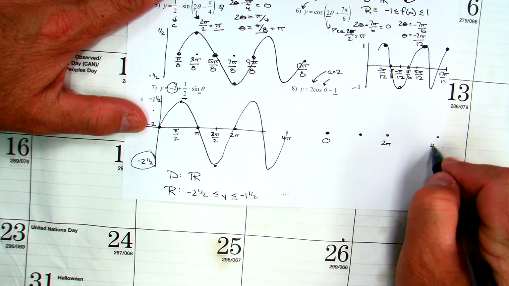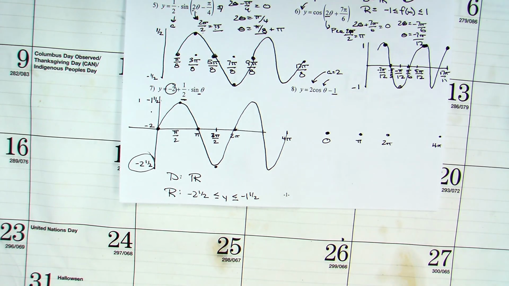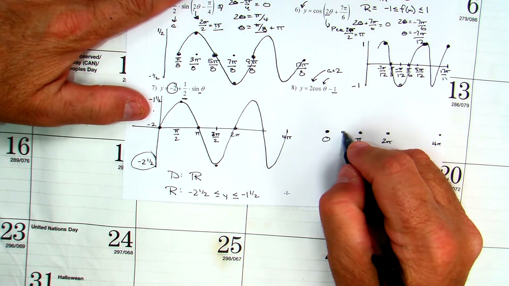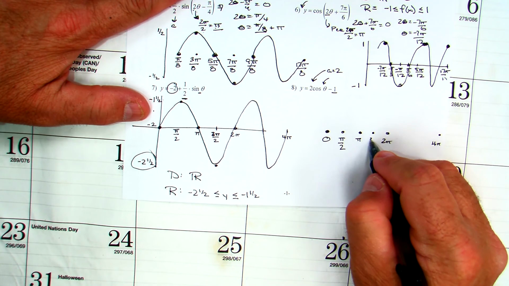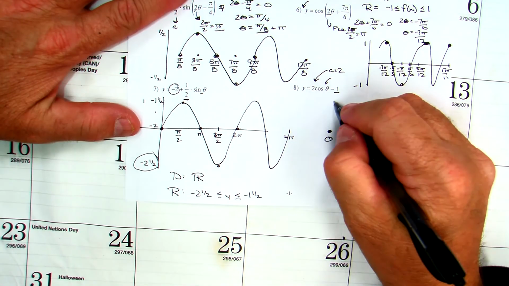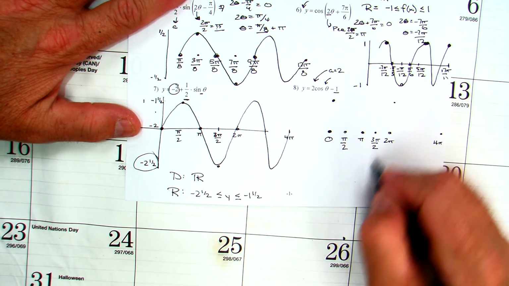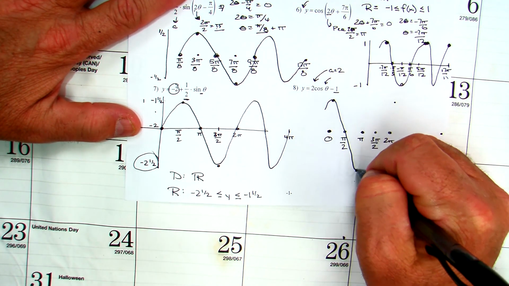And my second cycle ends at 4 pi. My halfway point is pi. My quarter point is pi over 2. My third quarter point is 3 pi over 2. Cosine is max, max, min, and zeros in between, so make sure I hit them all.